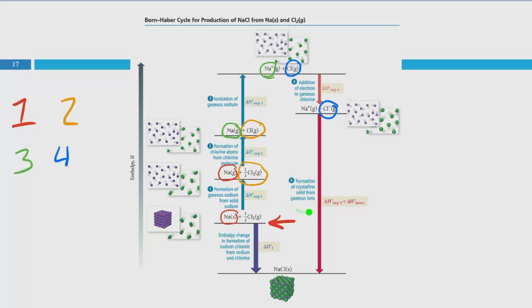We don't know exactly what that step is going to look like, but we know the enthalpy change in formation from sodium and chlorine. And so by comparing these energy changes, from our starting state to this gaseous state and our normal way of producing sodium chloride, we can figure out the lattice energy.